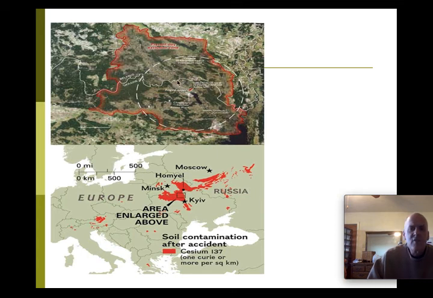And what's even worse is Russia didn't tell us about this for a while. In fact, they didn't fess up, if I remember right, until some areas quite a ways away started reading high levels of radiation and were wondering what was going on.